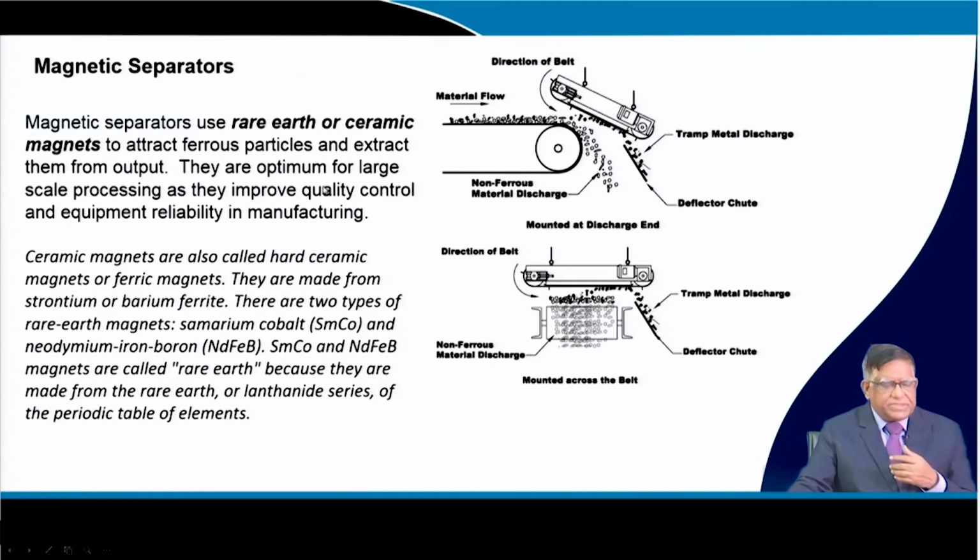Now, the rare earth ceramic magnets, as I was telling, are very optimum for large scale processing. You may know that ceramic magnets are also called ferric magnet or hard ceramic magnet. They are made from strontium or barium ferrite, and there are two types of rare earth magnets: one is samarium cobalt and the other is neodymium iron boron.